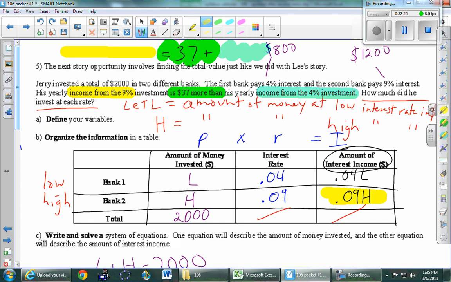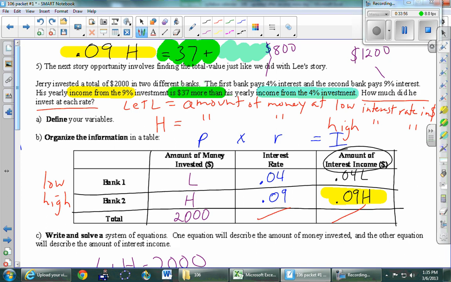If you decided to put all of your money in the 9%, how would we figure out how much interest we earn? How much money do we have to play with here? 2,000. If you put all of it into 9%, what do we multiply? 0.09 times the 2,000. Well, that's exactly what this is. 0.09 times, well, I don't know if it's 2,000. It's some amount of money. I called it H. So that 0.09H goes right up here.